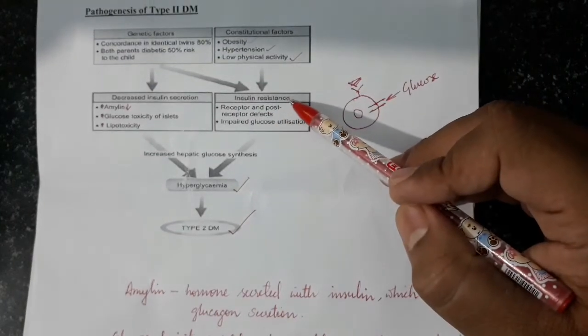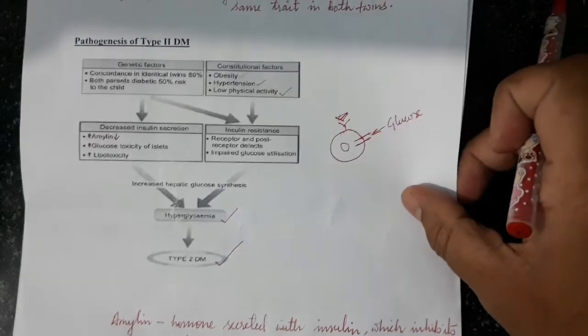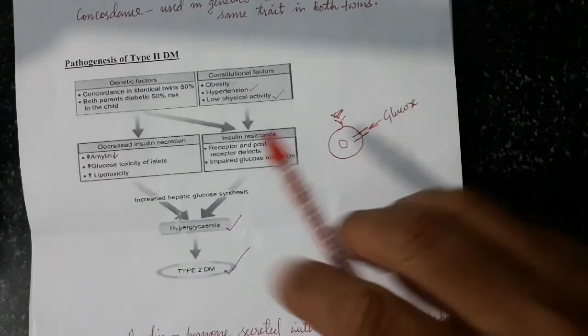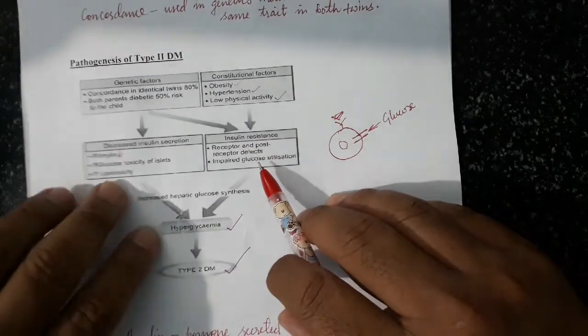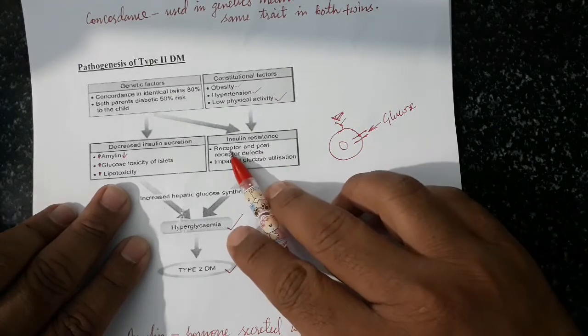Then insulin resistance. This is the main keyword in the pathogenesis of type 2 diabetes mellitus. And in this, insulin resistance takes place because of receptor and post-receptor defects. So what is the receptor?